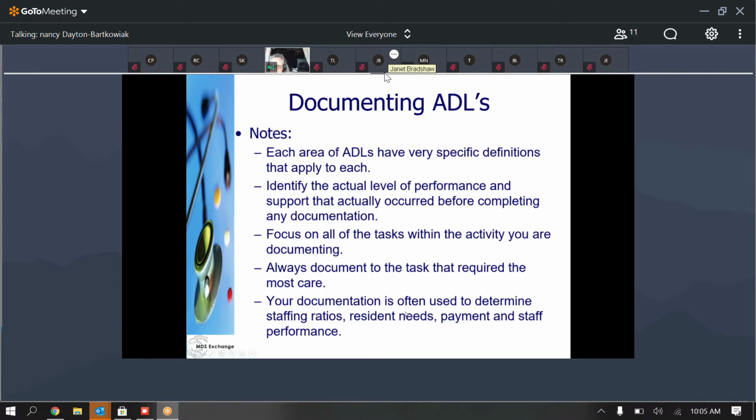And that is really, really important. Again, it goes back to documenting the highest level of care. If we're doing that, that gives everybody an idea of how much staff is needed. What is the acuity in the building? What are the residents needing? And then payment and staff performance. So that's really, really key.